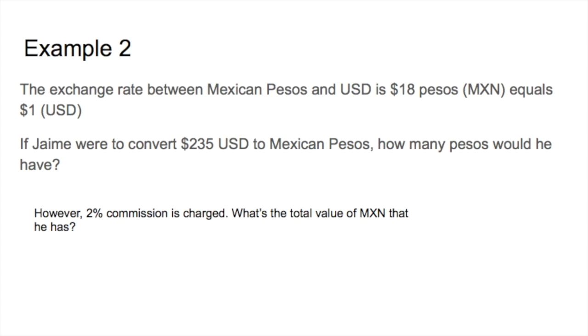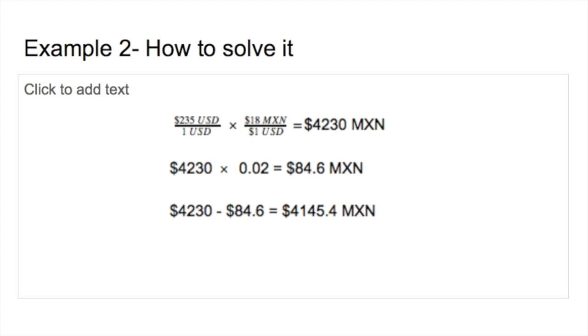Alright, let's ignore the second question first. So let's move on and focus on this part right here. This is how you do dimensional analysis. Basically 235 US dollars over 1 US dollar times 18 Mexican pesos over 1 US dollar.